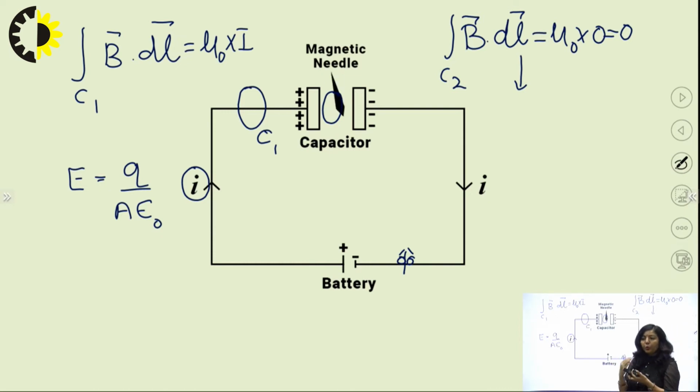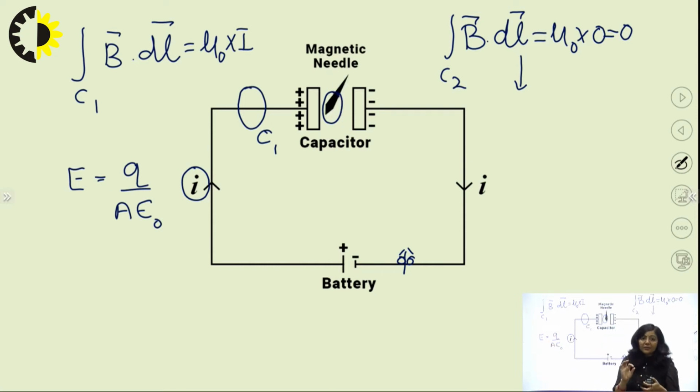Now at different times, say T1 and T2, I have taken those two times. At T1, during the process of charging, let Q be the charge over these two plates. At time T2, since T1 and T2 are different, the charges over the two plates are also different. Because of different charges over the two plates at different times, we have a time varying electric field there.